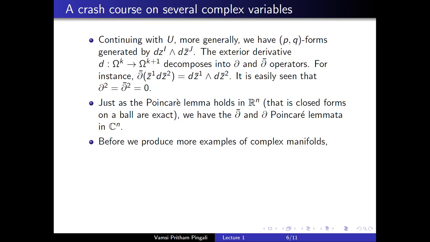So now we return to our original question of producing examples of complex manifolds. Enough of these several complex variable things. But before we do that, we need a key tool. How do we produce examples of our good old smooth manifolds? What's your favorite example?